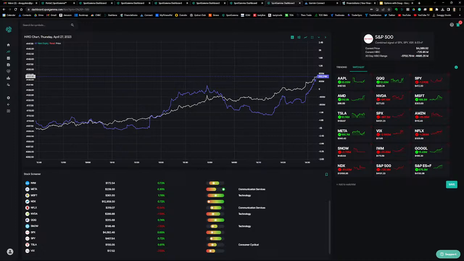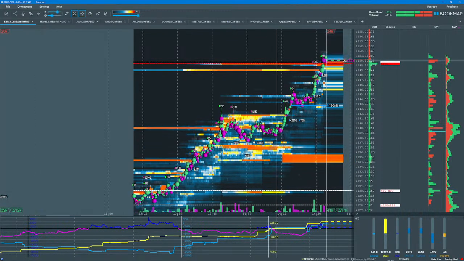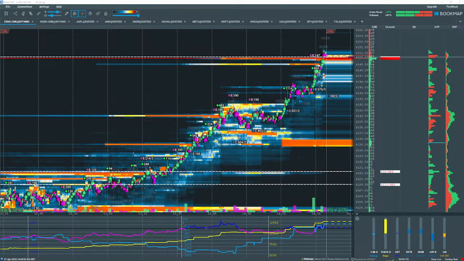Let's go back and take a look at Bookmap, and then we'll wrap it up. So that's pretty far away. That's 15 points down. And with a strong uptrend, now it looks like the larger traders are joining the party. You can see that with these iceberg orders here, also fueled by stop orders.